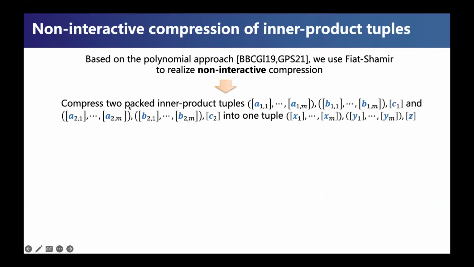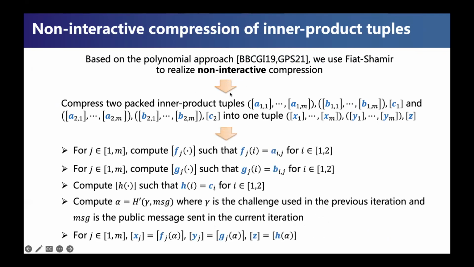The remaining task is to show how to realize the non-interactive compression of inner product tuples. Based on the polynomial approach in BBCGI Lightning GPS 21, we use the Fiat-Shamir to realize non-interactive compression. Specifically, we need to compress 2 packed inner product tuples into 1 tuple. For each j belonging to 1 to m, the parties compute shares of a polynomial f_j such that f_j(i) equals a_ij, and shares of a polynomial g_j such that g_j(i) equals b_ij.